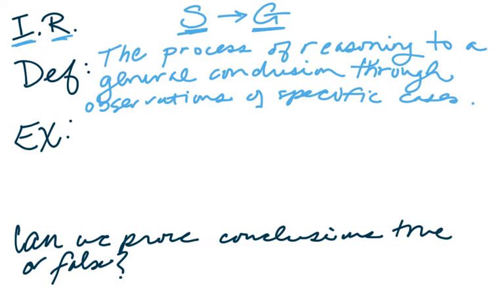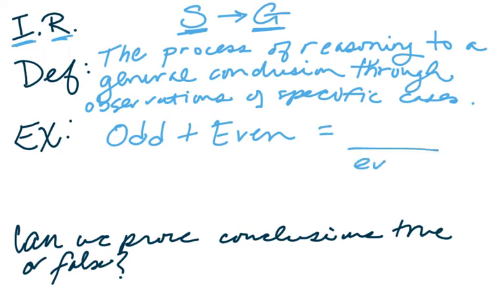An example of inductive reasoning might be the answer to the question, if an odd number and an even number are added, will the sum be an odd number or an even number? So if I take an odd number and I add to it an even number, will the sum end up being even or odd?